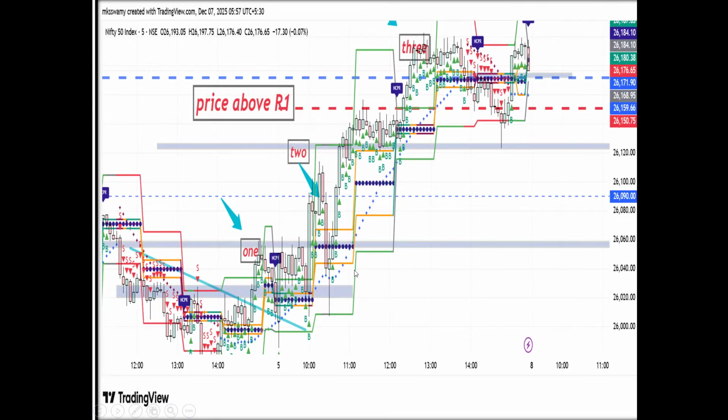Wide expansion, and you can see the next leg above the R1 has been cut short. If you measure the length of this trend's price range, it has been cut short. It has come down, and below this is the exhaustion phase you are seeing in the market.